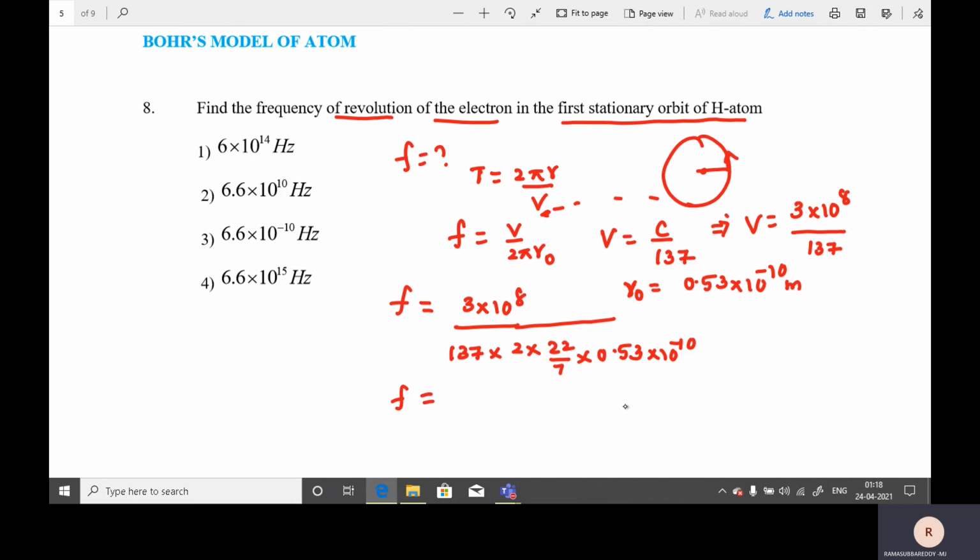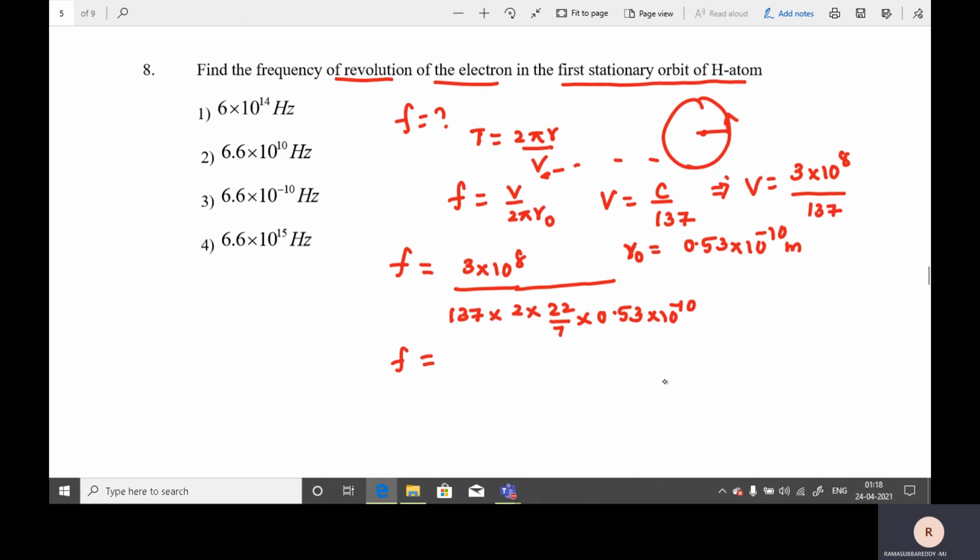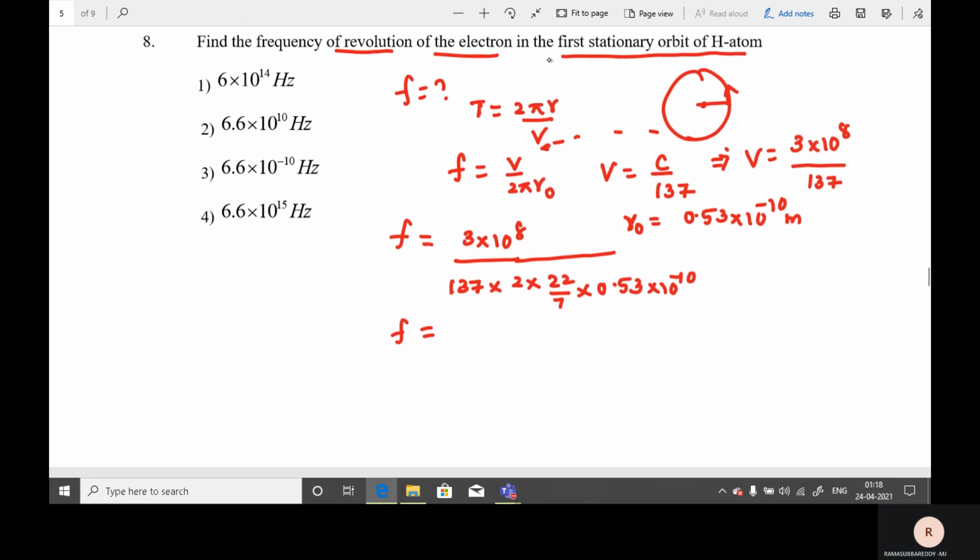Then frequency f is equal to 6.6 into 10 to the power of 15 Hz. So this is our frequency. Hence option 4 is correct. Clear? Next.